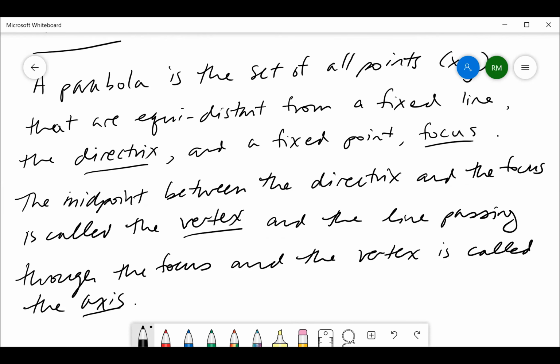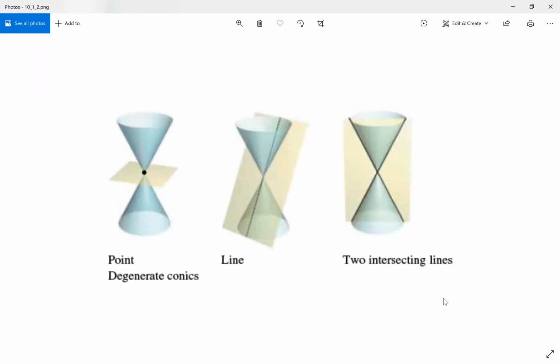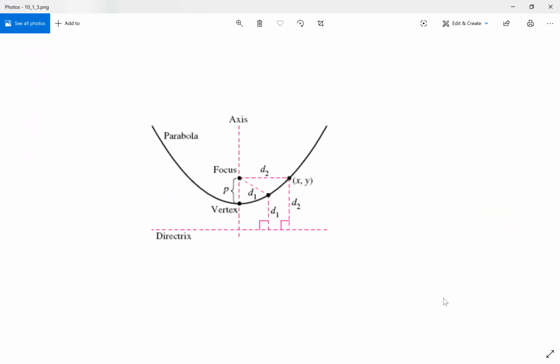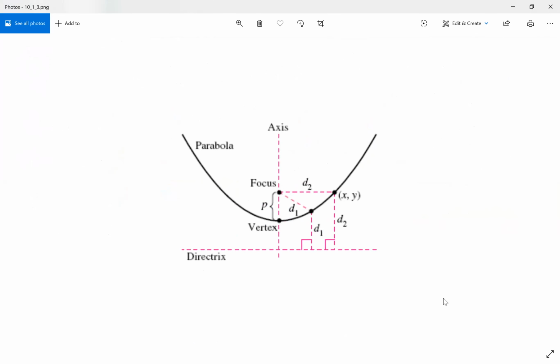So let's take a look at this picture. Here is a picture illustrating all of the parts of the parabola that we just talked about. You see we have a line for the directrix, and we have the focus, and each point of the parabola is the same distance from the focus as it is from the directrix.